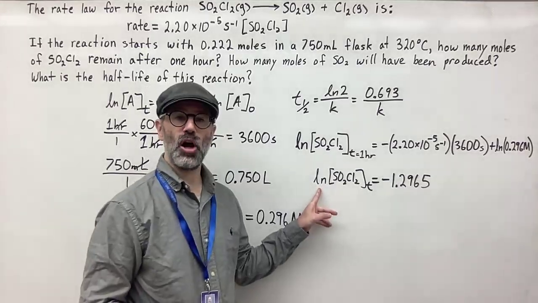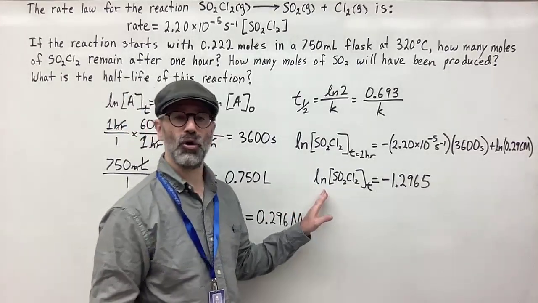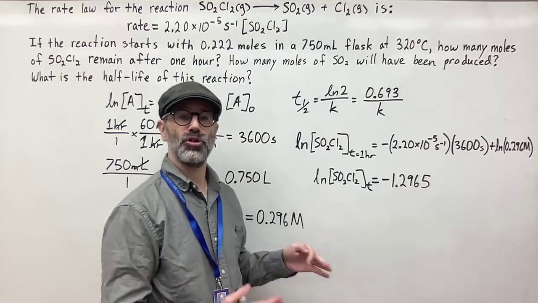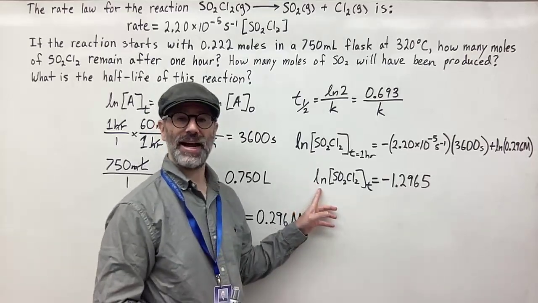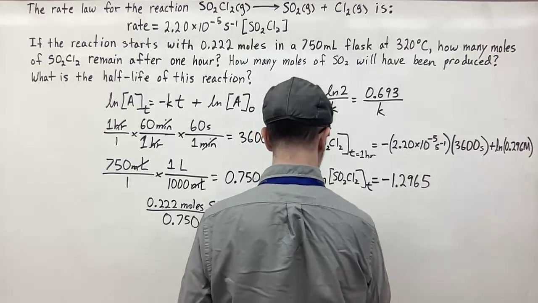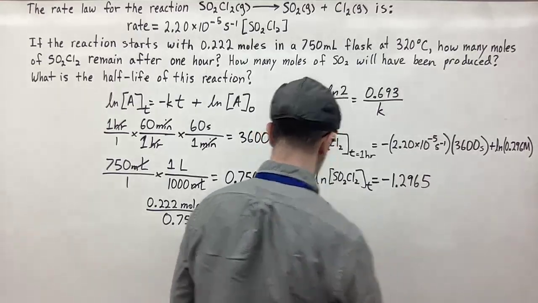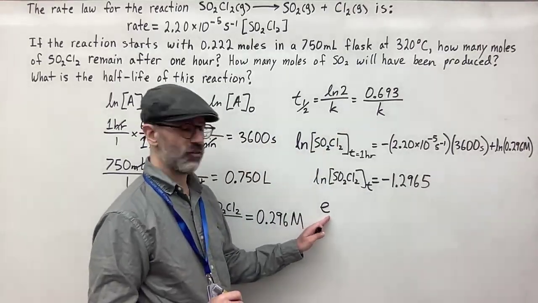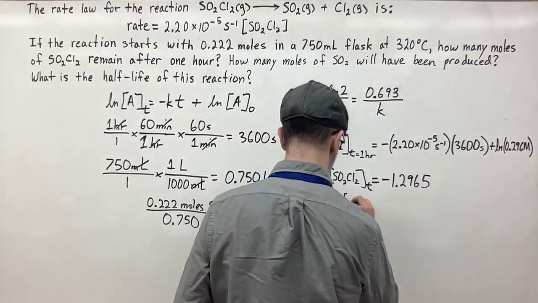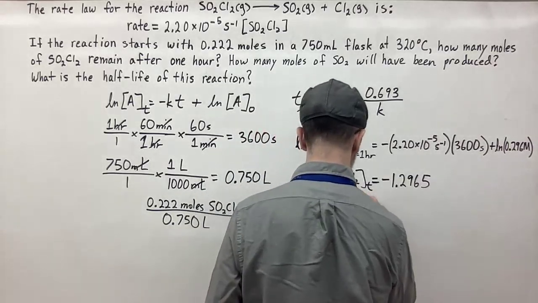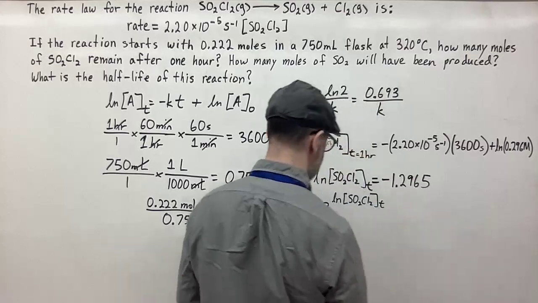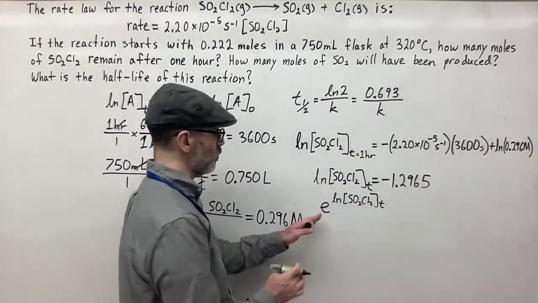Now, we have the natural log here. So the way you get rid of logs is that you write the log as an exponent to the base. Natural log has the base e. So we have e raised to the power of the natural log of the concentration of SO2Cl2 at time t. And then we're going to do the same thing on this side.